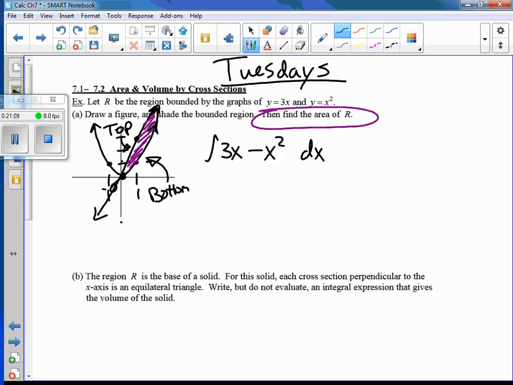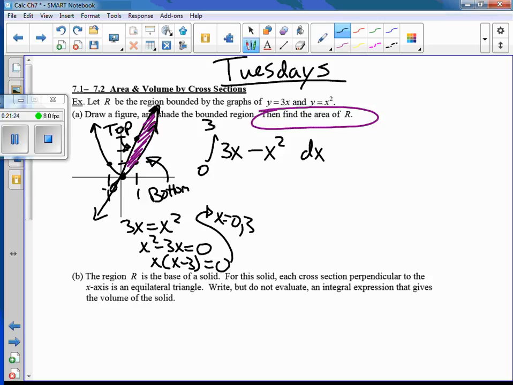So we make these equal to each other. And we're going to get this. And with a little bit of algebra, we find out that the limits are going to be 0 and 3, which one of them was easily visible from the graph. So there it is. Of course, if you want to verify, you can always plug 3 into both of them. You'll see you get 9.